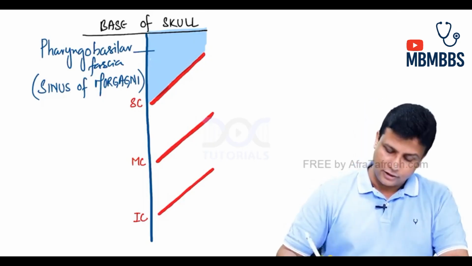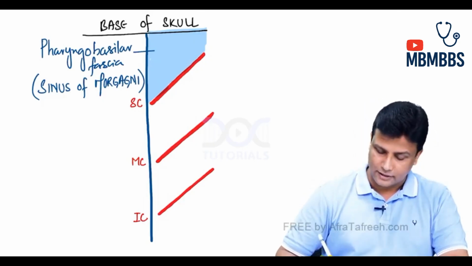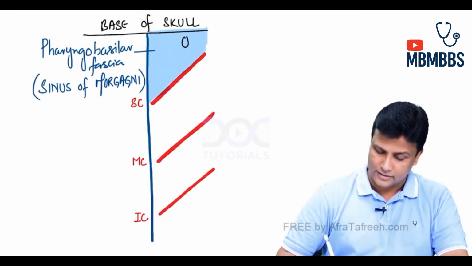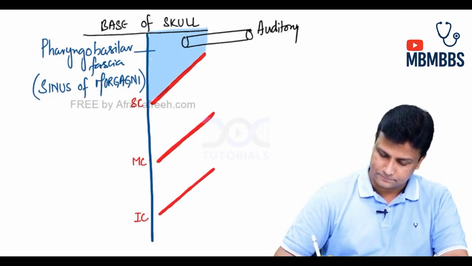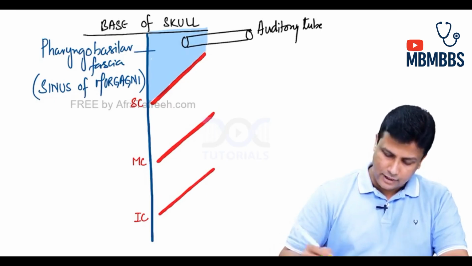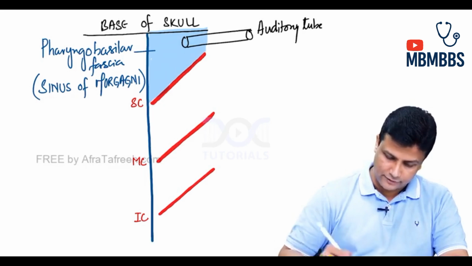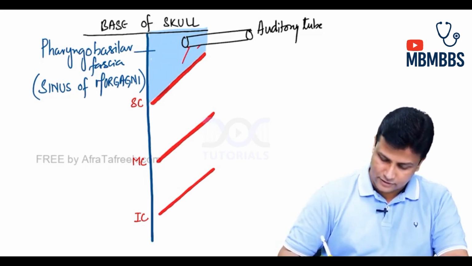Now, first of all, through the sinus of Morgagni, there will be a tube passing here, and that will be your eustachian tube, or auditory tube. Imagine this one to be your auditory tube. Attached to the auditory tube, you'll have a muscle, and that muscle is also passing here.